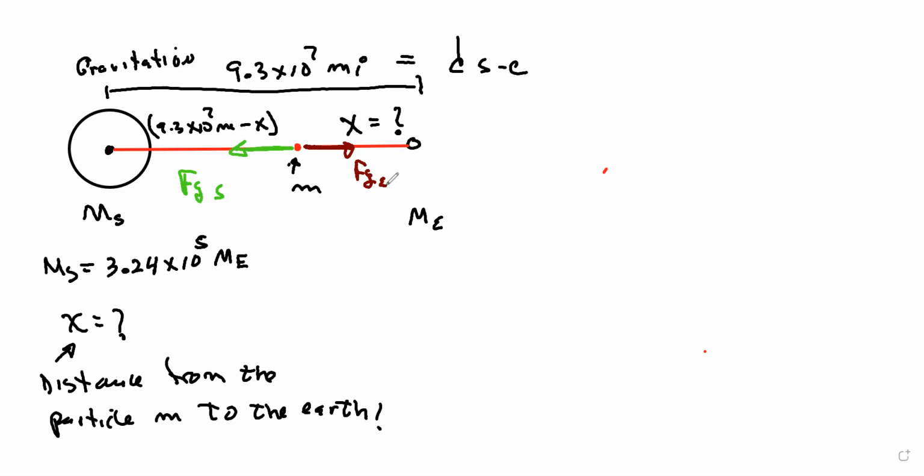They're going to have the same magnitude. They're going to balance each other. And let's find that equation. So the force of gravity of the sun is going to be equal to the force of gravity of the Earth.